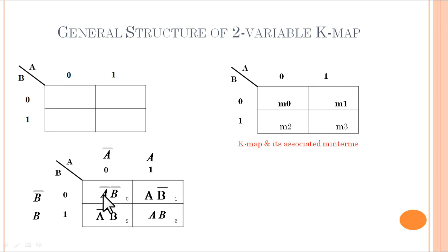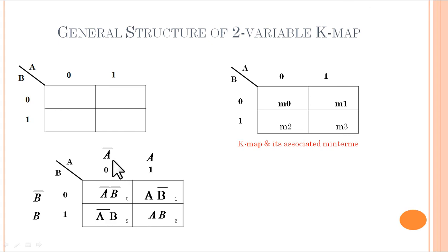So it is A bar, B bar. We will take first A bar, then B bar, and write A bar B bar like this. Then A over this side and B bar over this side, that is designated 1. Then A bar B, and A B like this. First we see what is there in A: 0.